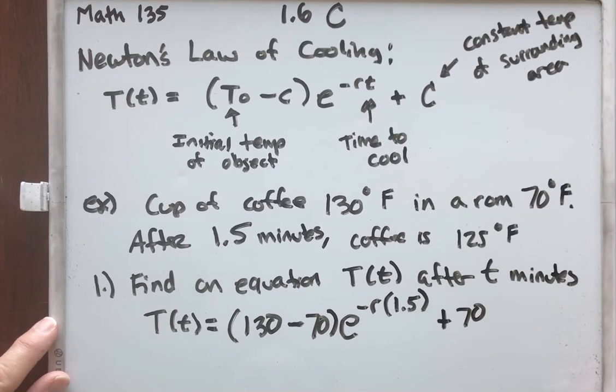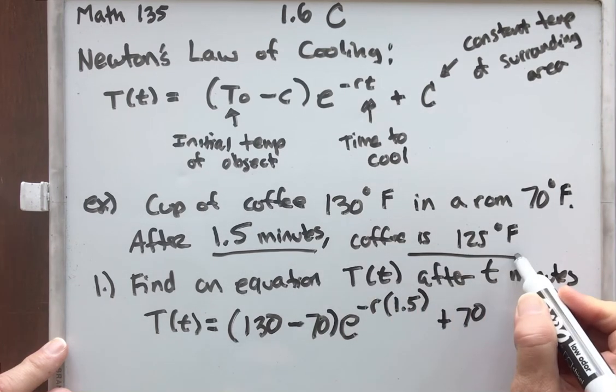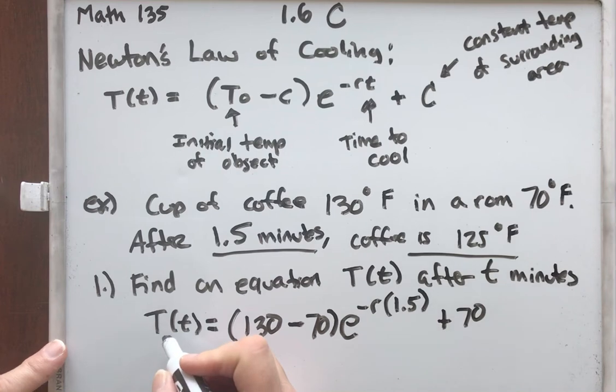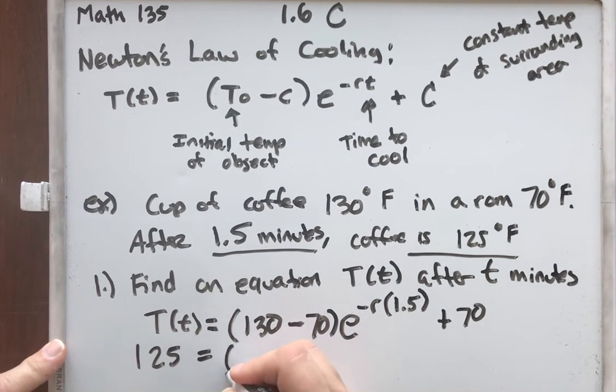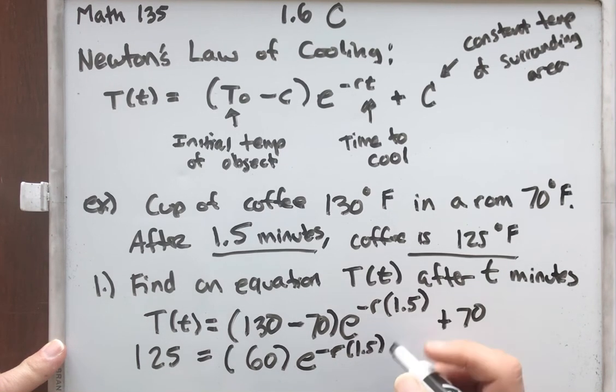All right, so they give us some information. They say after 1.5 minutes, the coffee is 125 degrees. So here we put 1.5 minutes, so the temperature is going to be 125 degrees. 130 minus 70 is going to be 60, e to the negative r, 1.5 plus 70.